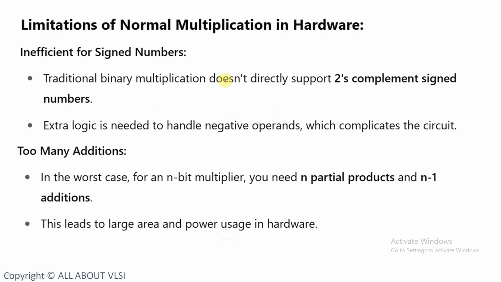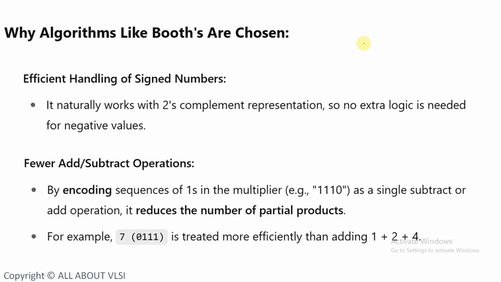The limitation of normal multiplication is that it is inefficient for signed numbers. Using normal multiplication, you cannot simply multiply negative numbers, and so much logic is needed for multiplying signed numbers using the normal multiplication operation. That is why we are going to use Booth's algorithm, where it naturally works with 2's complement representation.